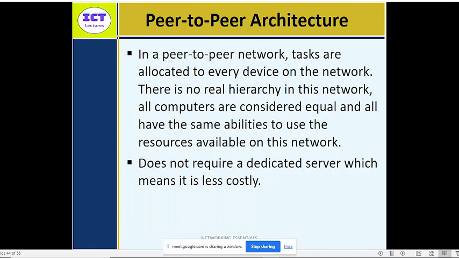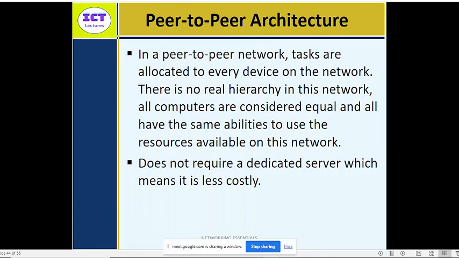Security-wise, since every connected device has an equal right, managing security is very, very difficult. They can download and install software as they wish. Also, every communicating device can randomly communicate. That means there'll be a lot of collisions within a peer-to-peer network. We're going to look at how to avoid these collisions, how to detect them, and so on, right?